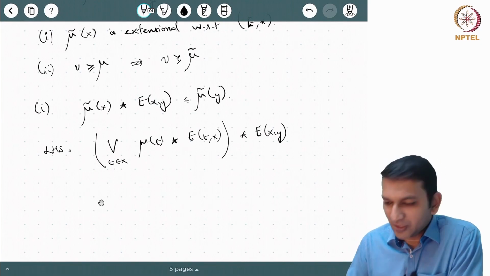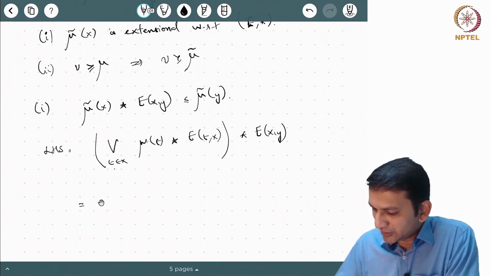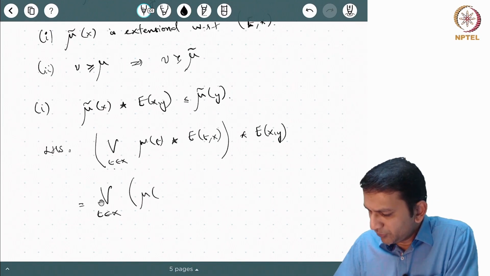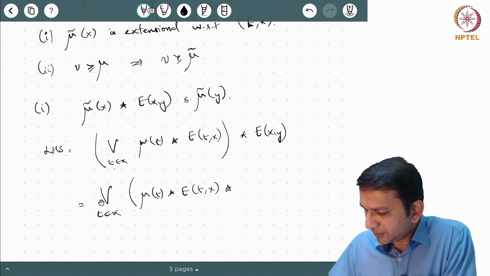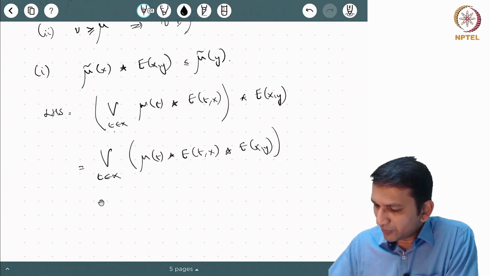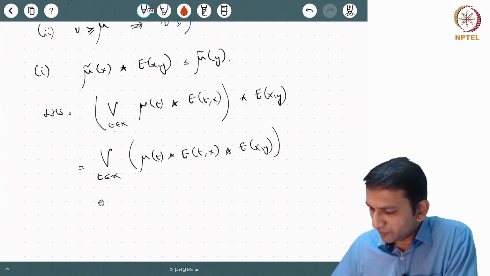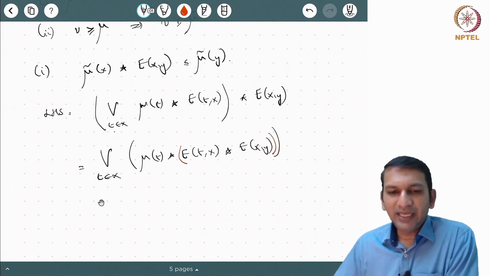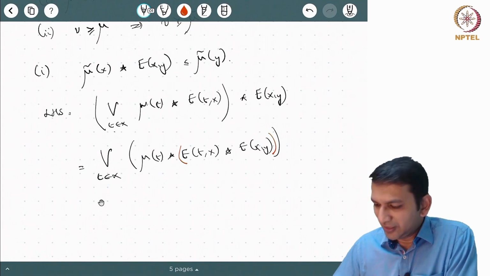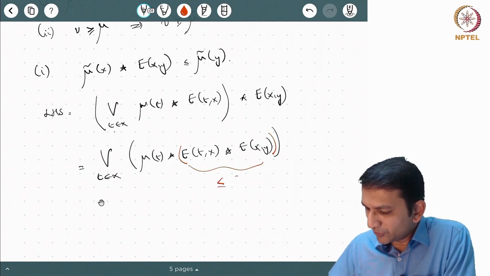That means it is supremum preserving. So we can simply push this inside. What we have is supremum over t element of X, of mu(t) star E(t,x) star E(x,y). Now, because of associativity, we do not need to put any brackets. But if you consider this term, we know that E is a star equivalence relation. That means this term is in fact less than or equal to E(t,y).